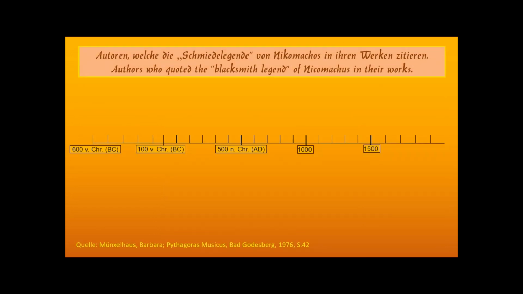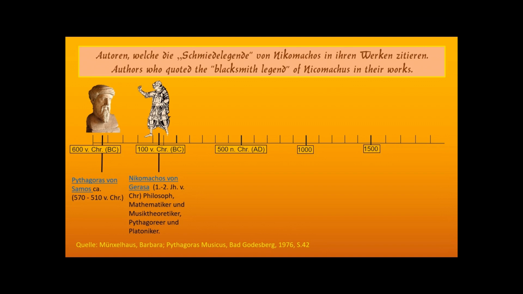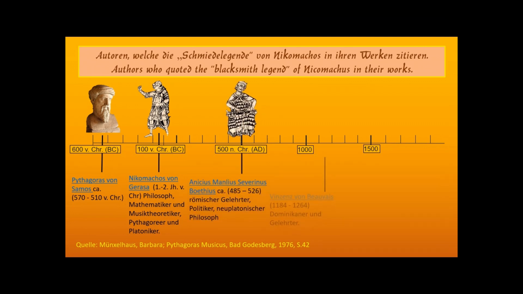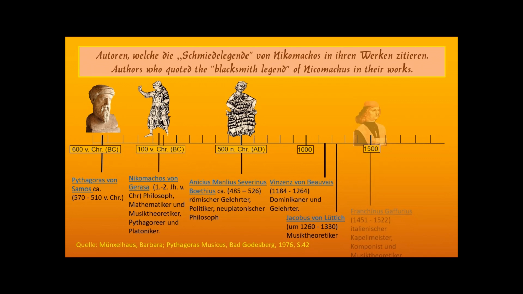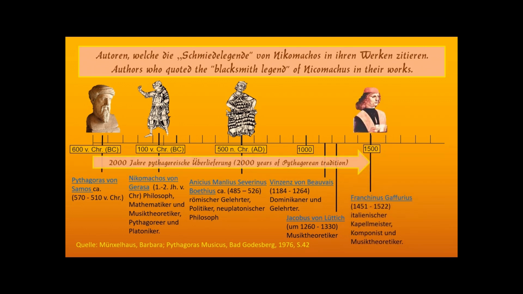The oldest written version of the legend about the Pythagorean Tetraktys is presented by the Neo-Pythagorean Nicomachus of Gerasa, who lived in the 1st or 2nd century AD. This is followed by Boetius at the turn of the 5th and 6th centuries, Musica Enchiriadis from the 9th century, and Franchinus Gaffurius, a Renaissance composer and music theorist.